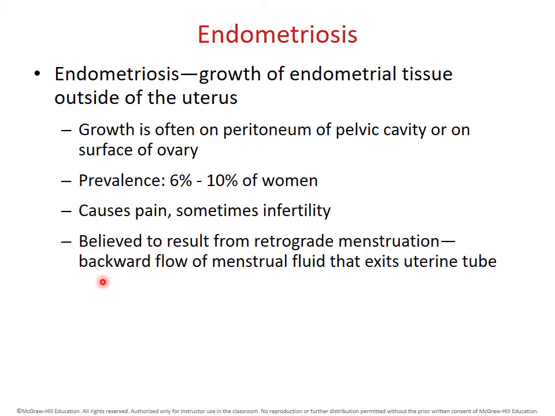But it's possible that there might be a backward flow of menstrual fluid through the uterine tubes and then out into the pelvic cavity. And so that's something that has to be watched. It's not too common, but it's not rare either. 6 to 10% of women will experience endometriosis sometime during their lives.